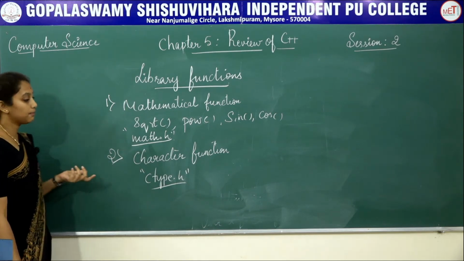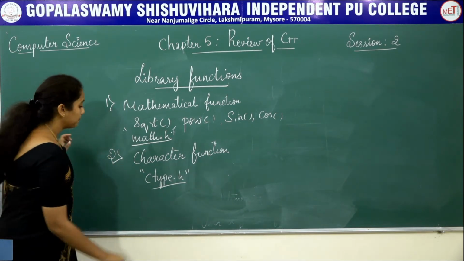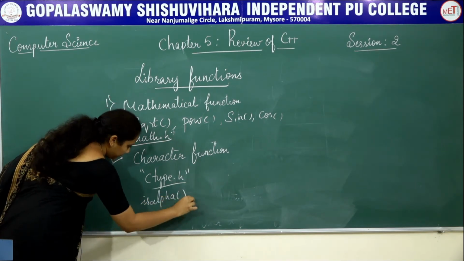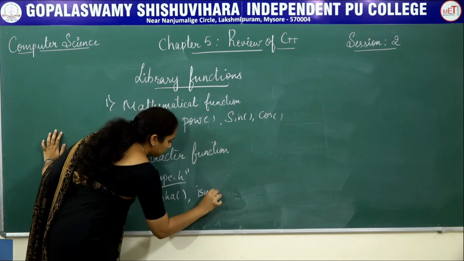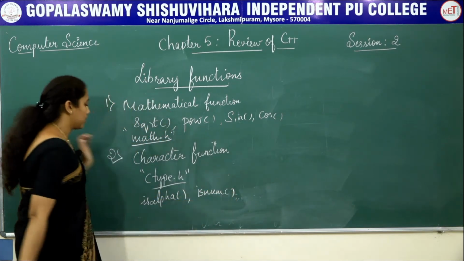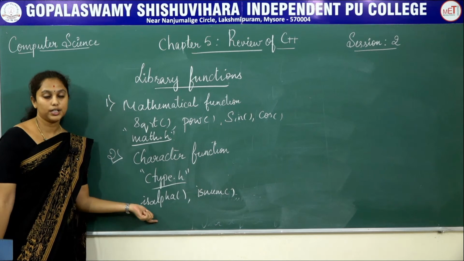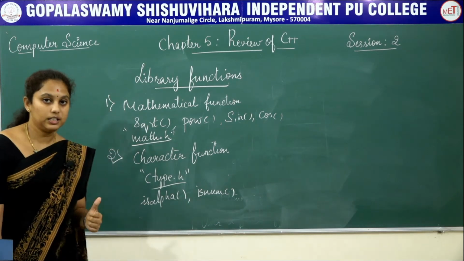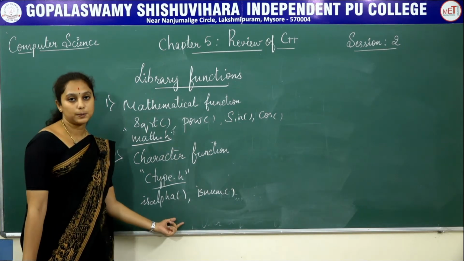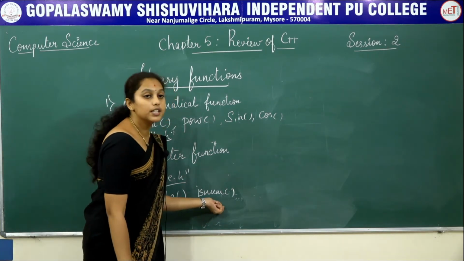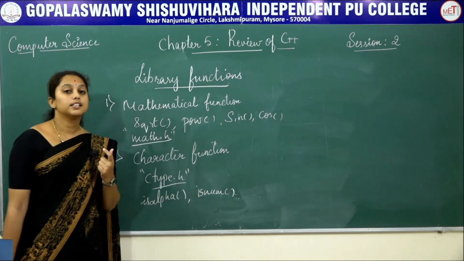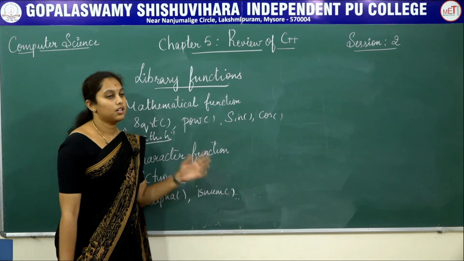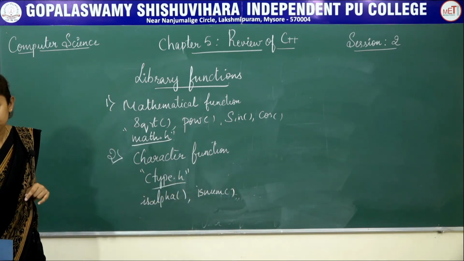Some examples for character functions are isalpha and isnum. The isalpha function is used to check whether the inputted character is an alphabet or not. The isnum function is used to check whether the inputted character is a number or not. So this is about character function.